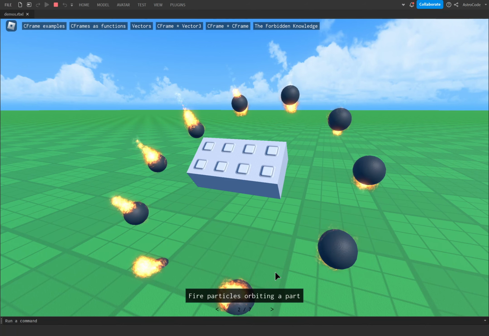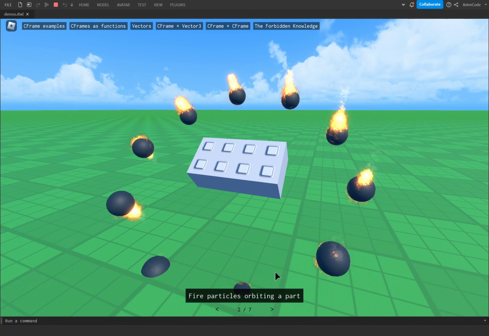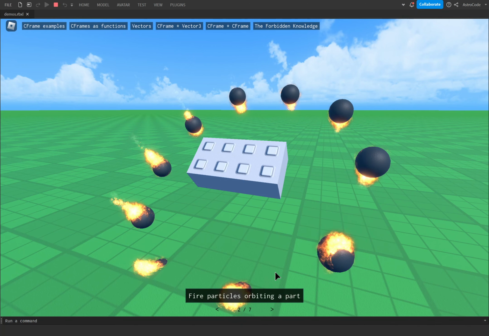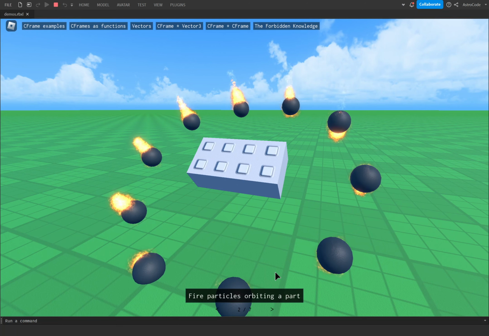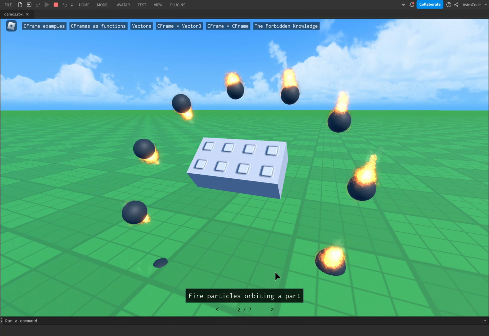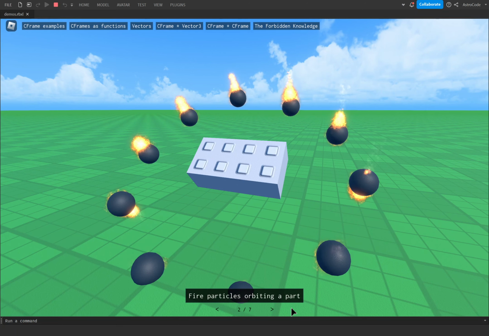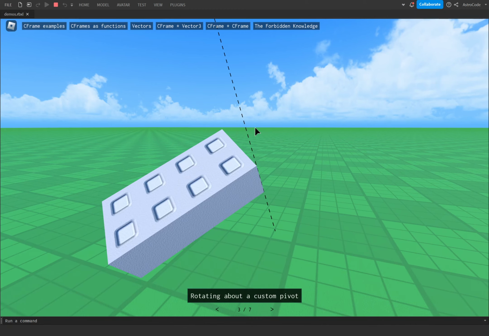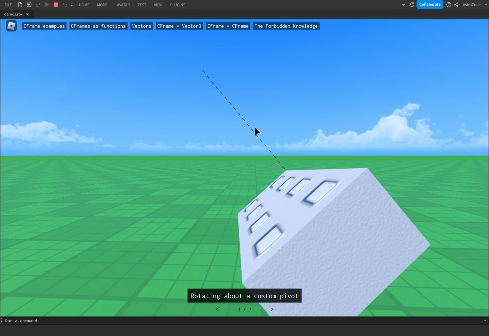Maybe this is some effect in a magic game, or maybe you could think of these as pets orbiting your character. So this is sort of C-frames working in tandem with trigonometry here. We could also have a C-frame that rotates around a pivot point that's not the center. So you'll notice instead of the part rotating around its center, it's rotating around this line. And this is actually kind of a bit tricky to do.